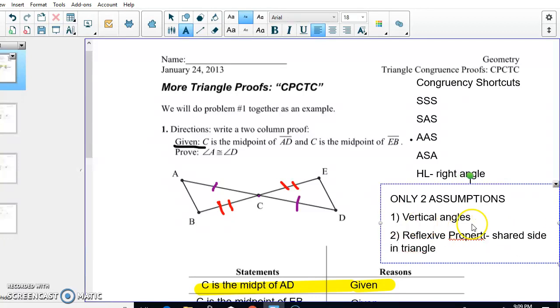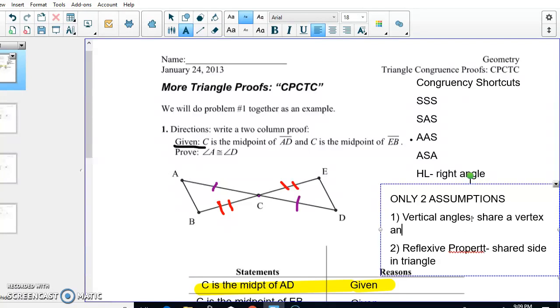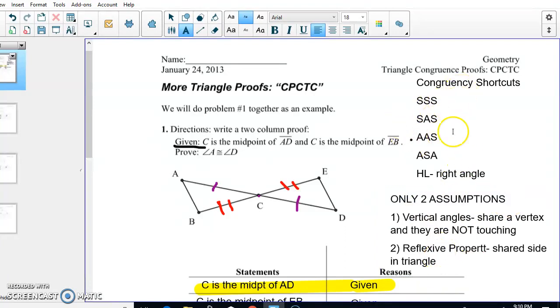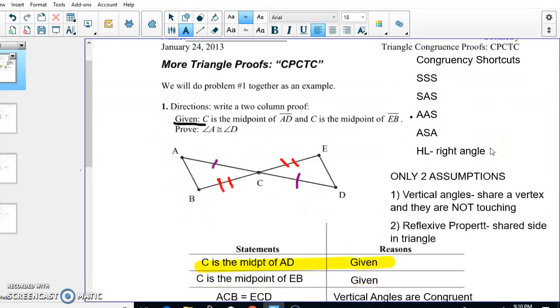The vertical angles are angles that are across from angles that share a vertex, and they are not touching. So they're across from each other. Okay, so these are the only 2 assumptions we can make. These are the basic 2 things here that you need to know. So maybe you're going to write this on every sheet that you do until it really sticks with you.